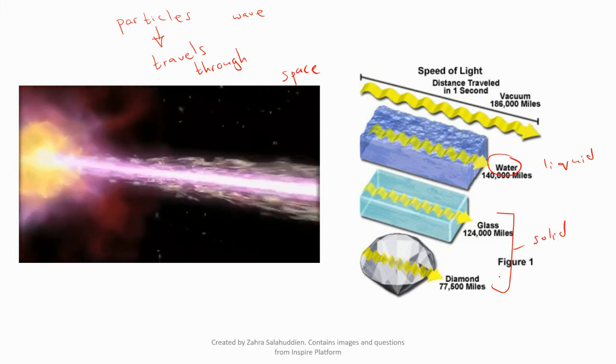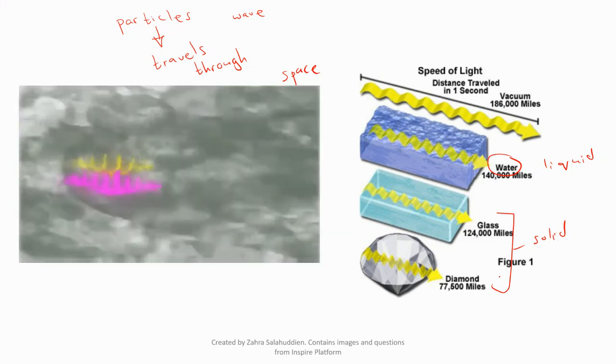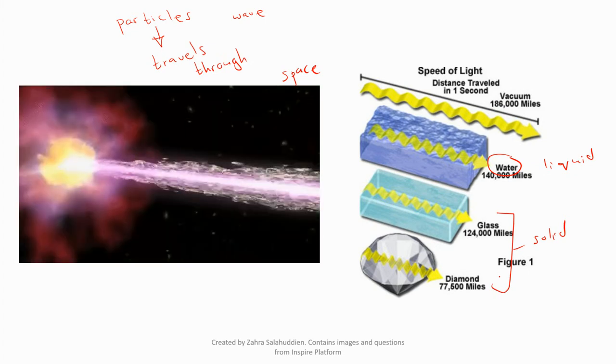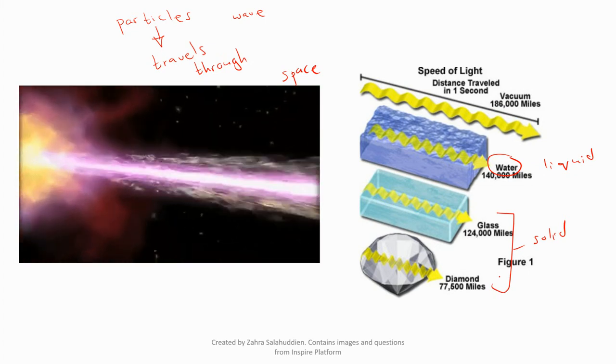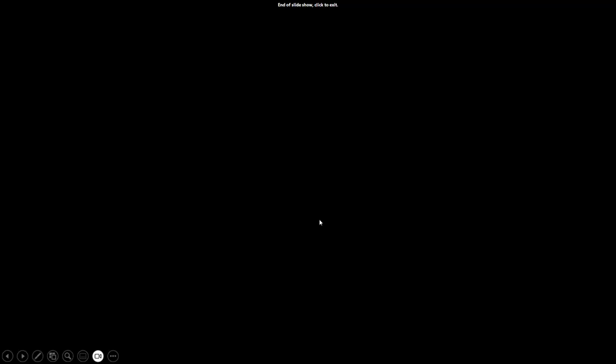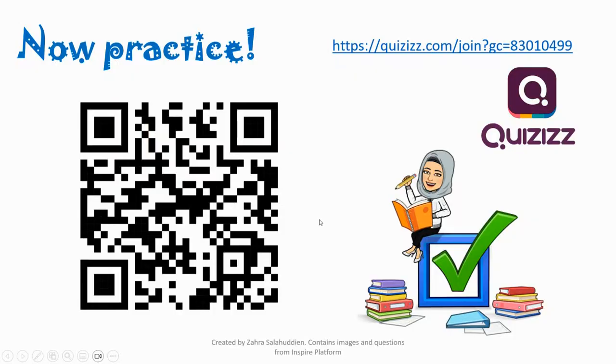So it's fastest through space, and then gas, then it slows down as it moves through liquids and solids. Okay, those are the main points we needed to know for light. Sorry about that. So please practice and good luck.